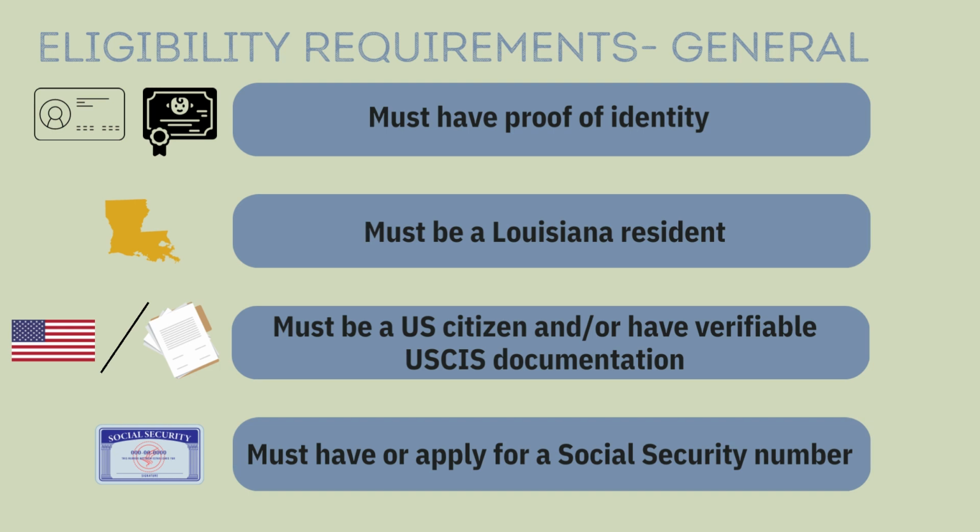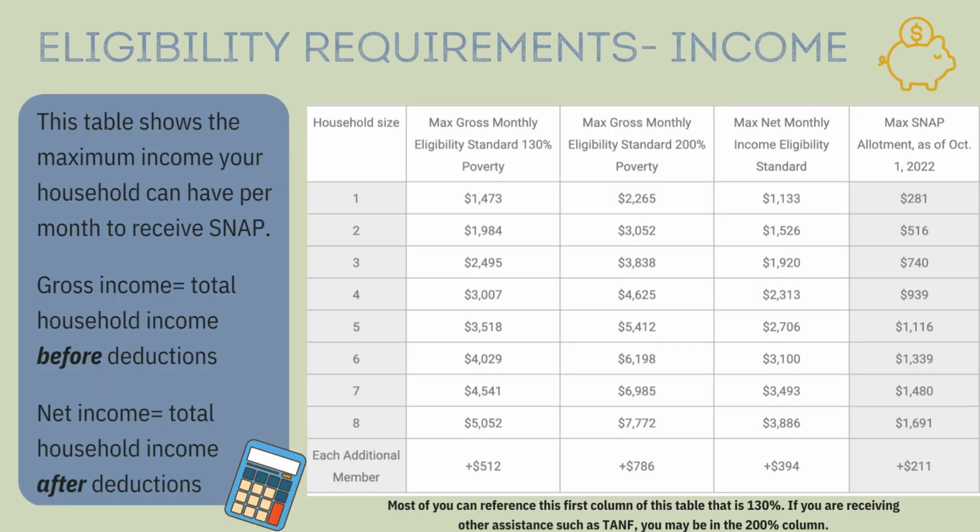We are now going to go over the next eligibility requirement, which is income. So SNAP is an income-based program. What we want to do is look at the maximum household income that you could have per month in order to be eligible. Your gross income is your total household income before deductions.